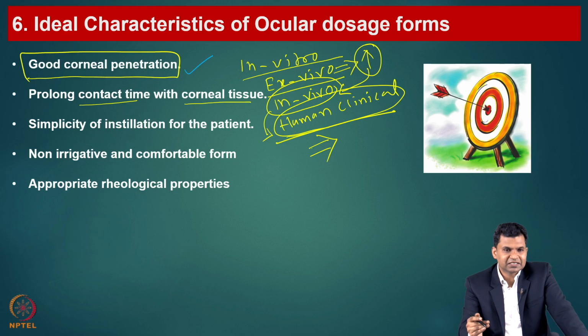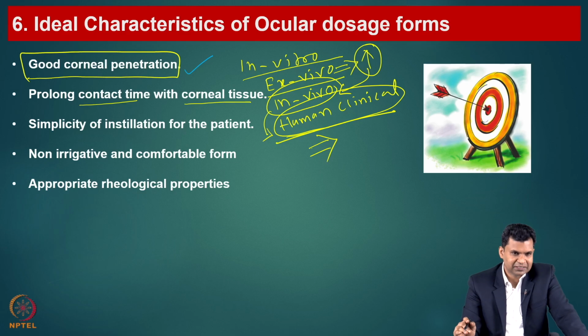So, based on that we need to select the right material or right formulation strategies to achieve the ideal characteristics of the ocular dosage forms. And here we can use some mucoadhesive polymers also to increase the residence time with the corneal tissues.